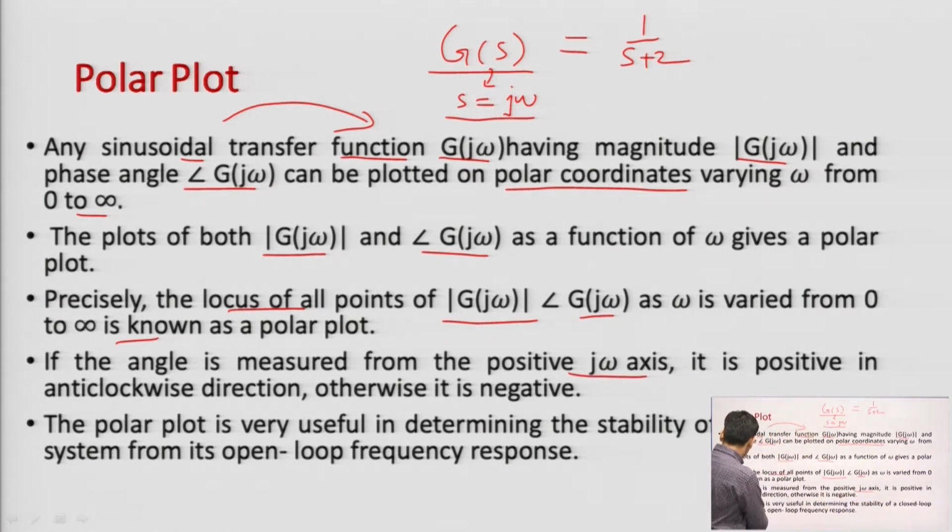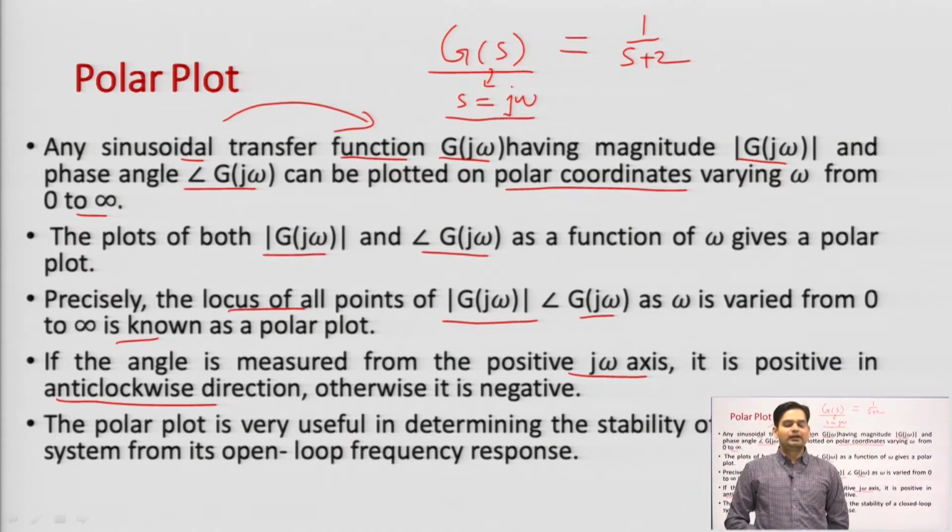If it is positive, we are moving in the anti-clockwise direction. If it is negative, it is in the clockwise direction. This direction of angle we will see in detail in the next slide, that is, how to determine whether we are moving in the anti-clockwise or clockwise direction.